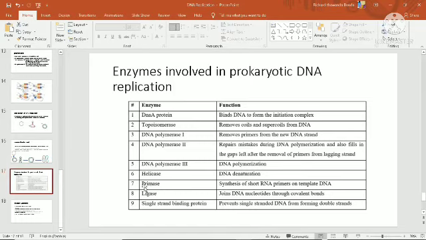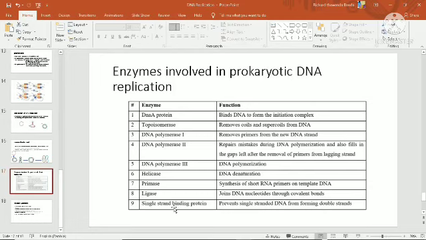And then you have primase, which I've been referring to as RNA polymerase, which simply makes the short primer before the DNA polymerase can come in and continue with the synthesis.